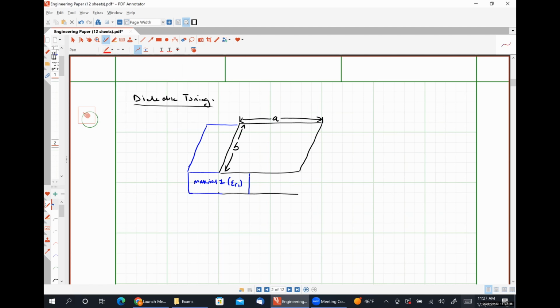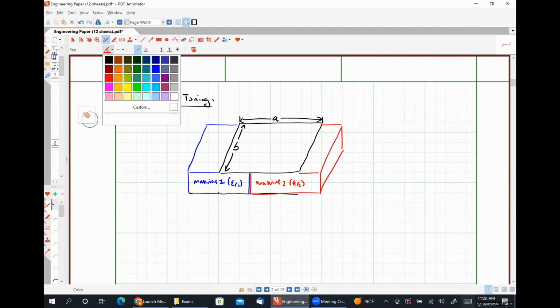And then everything to the right is material 2, which has some different relative permittivity.